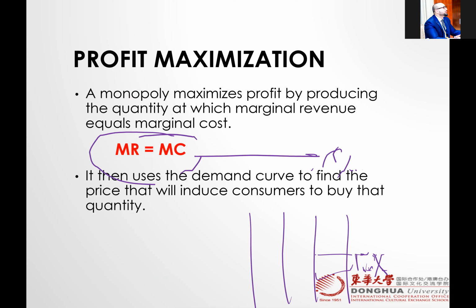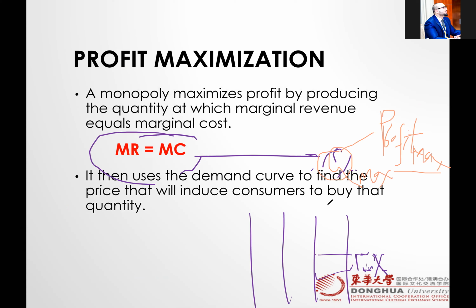That quantity is called Q max. By producing that quantity, their profit will be maximum, right? So this is applicable to all types of markets.